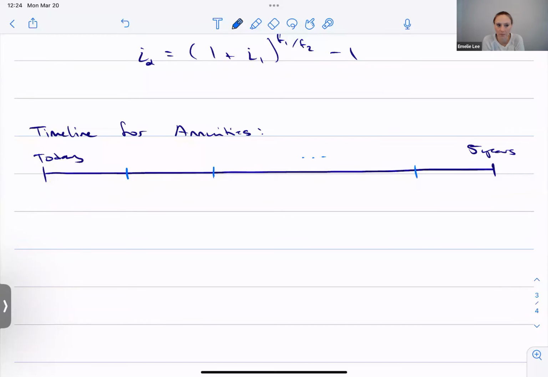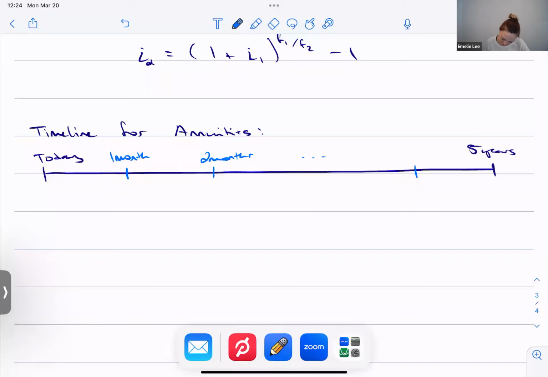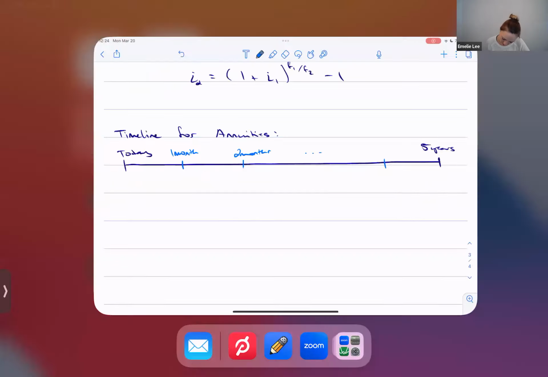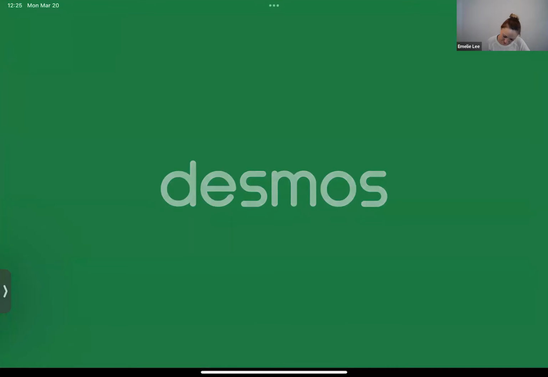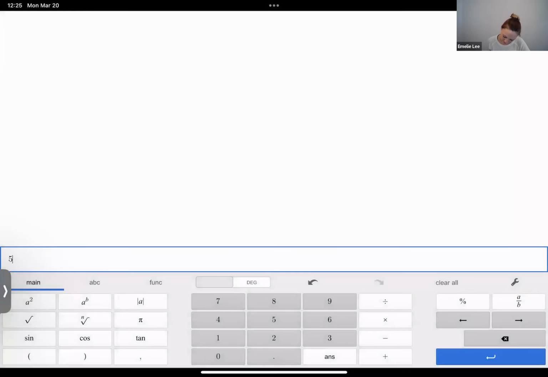and then you can use ... in between. Okay, so maybe here 1 month, 2 months. If I'm making monthly payments, right, for 5 years, what's my N? 5 times 12, so I have 60.